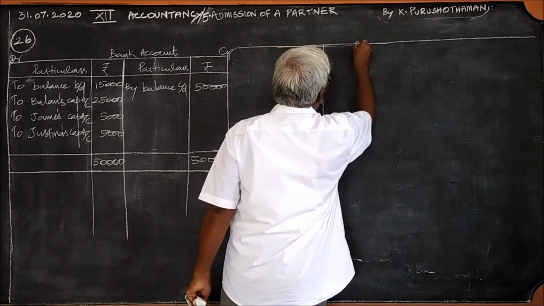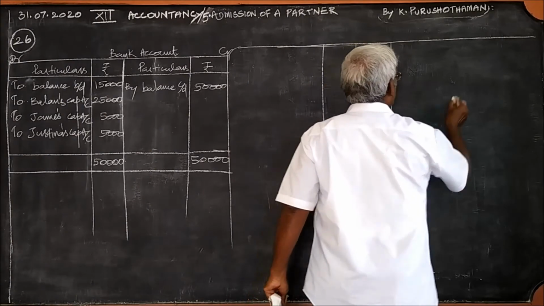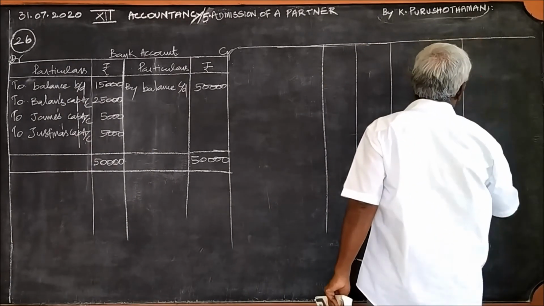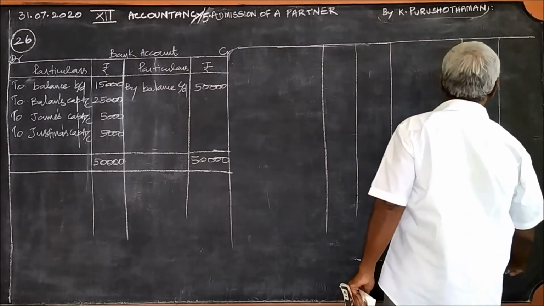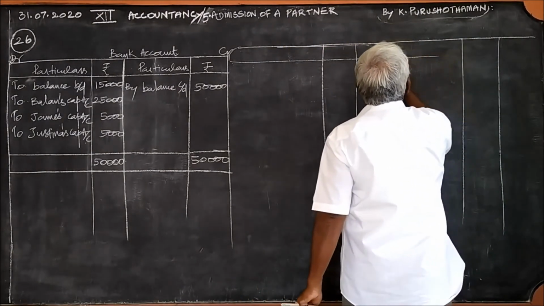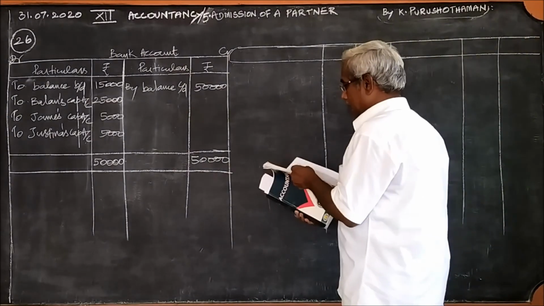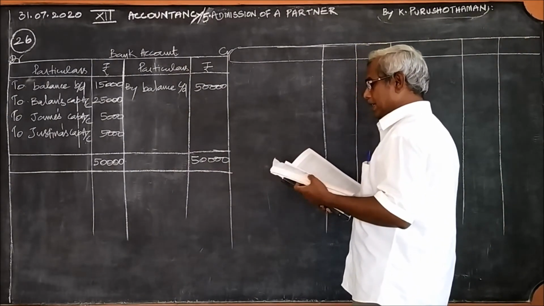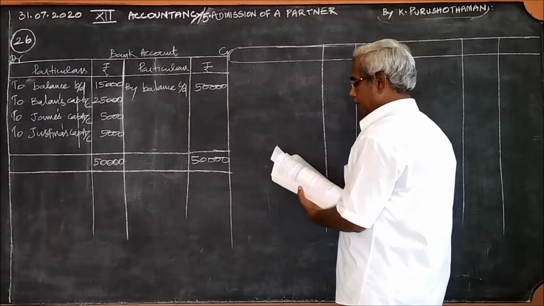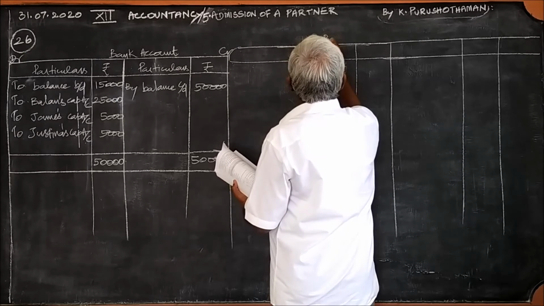Liabilities, rupees, and assets, rupees. The statement we should write, we should use the same statement that is given in the question paper. That is in the question, balance sheet after admission.